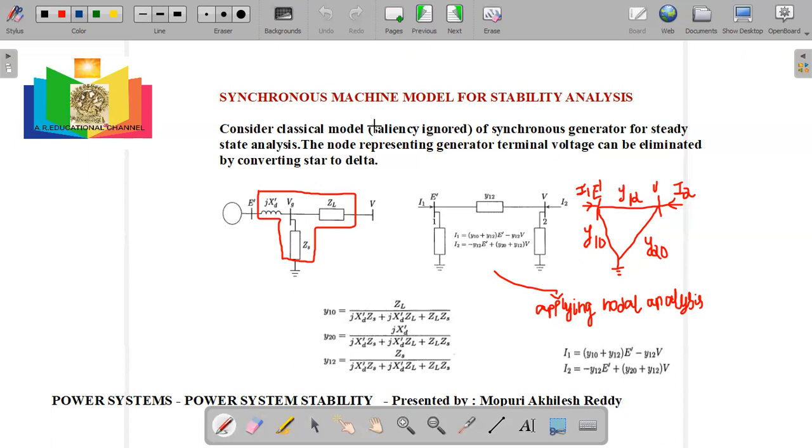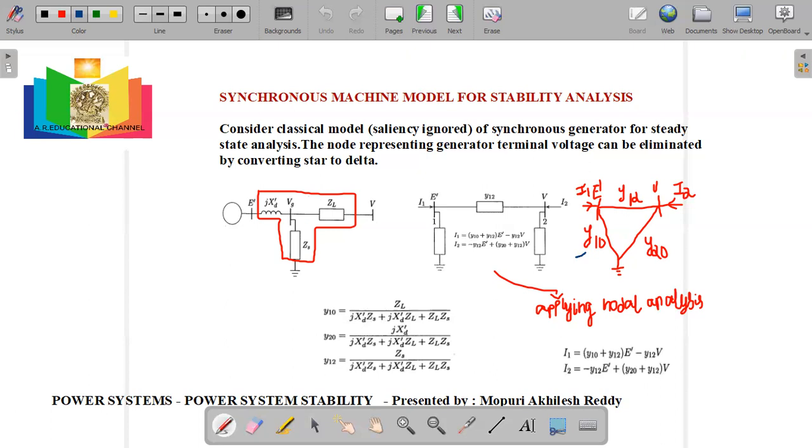So when we are converting star to delta, here we had Zs and Zl. So first we need to convert star to delta in impedance. Then you can invert that impedance to get the admittance. Actually, first we are converting this.